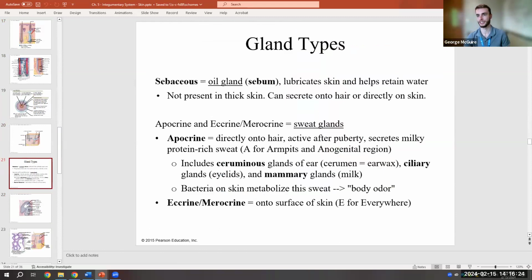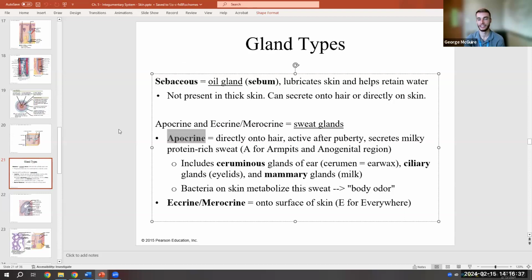I was confusing myself with directly onto skin versus not skin. So we do have sebaceous glands that secrete oil directly onto the hair, and then apocrine glands in specific areas like our armpits and anogenital region that only become active after puberty, which secrete a more milky, protein-rich secretion rather than that oily secretion, the sebum.